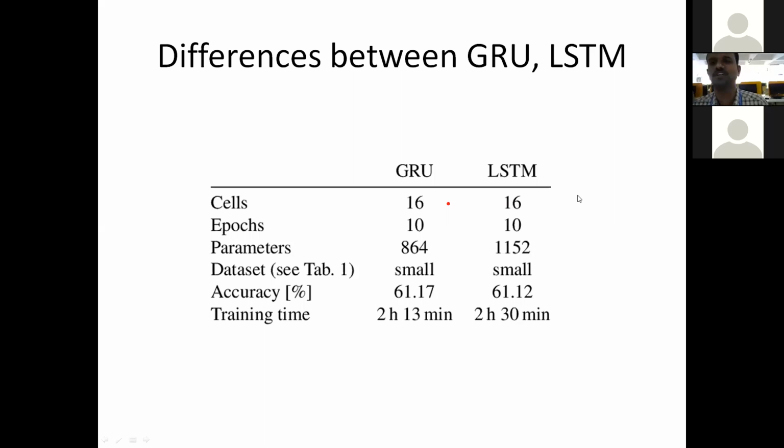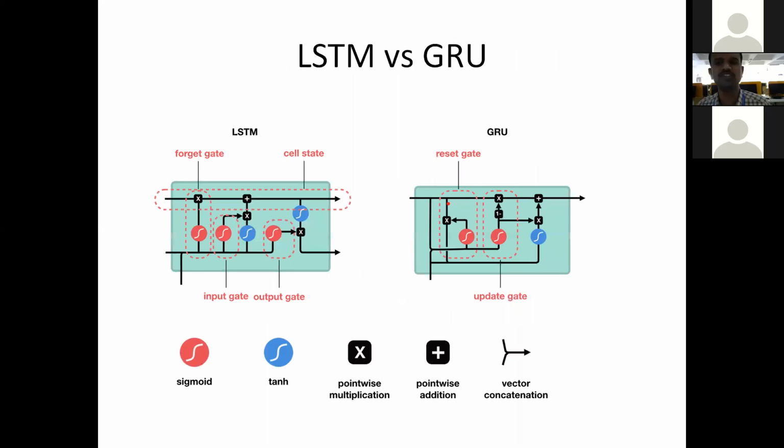These may look simple and easy to ignore, but they are very important in research. When you are doing advanced research, you should remember which one to apply for which application. This is the difference between LSTM and GRU.